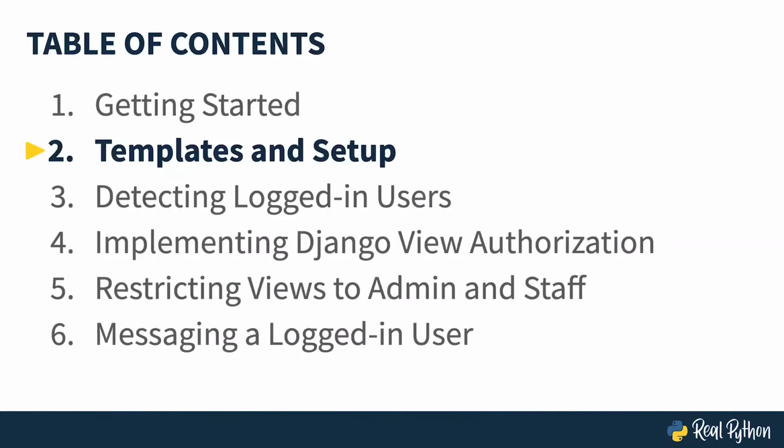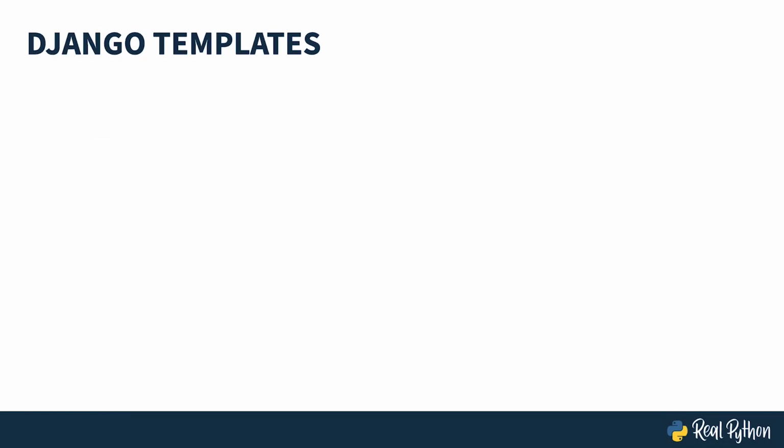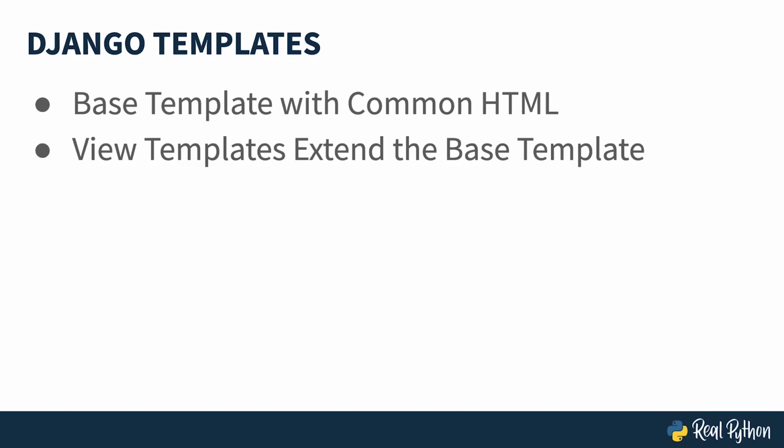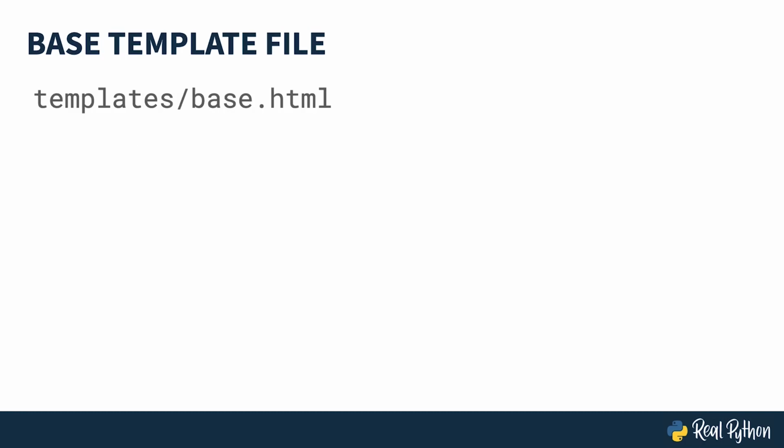Creating templates and completing the blog site setup. There are three template files that go with the two views. The first is a base template that contains common HTML elements. The other two extend this base and correspond to views themselves. Create templates base.html as follows.